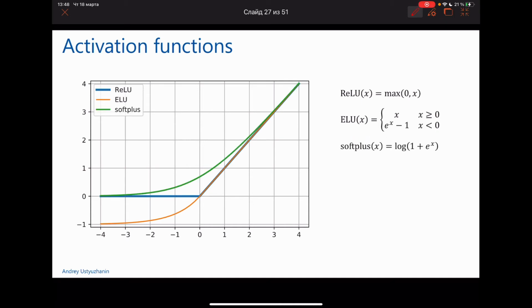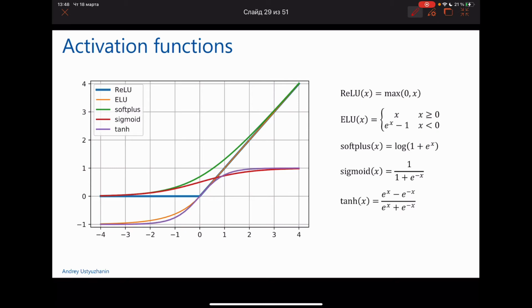Or it could be a softplus that is defined by this formula, or it could be a sigmoid that we already know is used in the logistic regression example, or it could be a hyperbolic tangent that is very similar to sigmoid, but it spans from -1 to 1, unlike the sigmoid function that goes from 0.